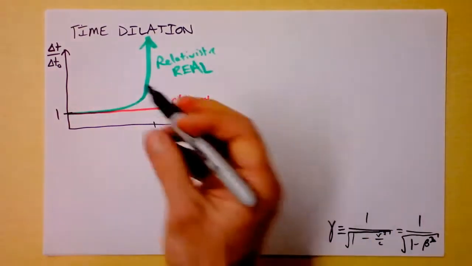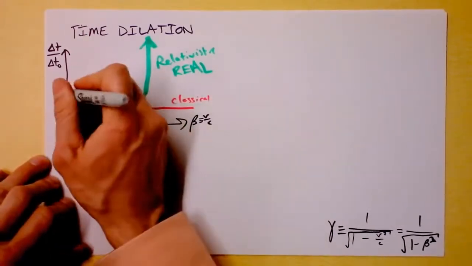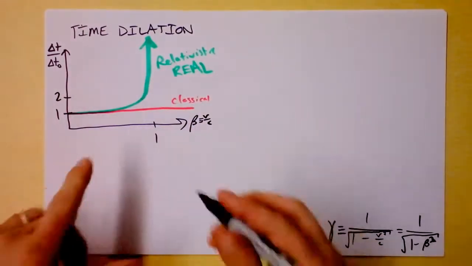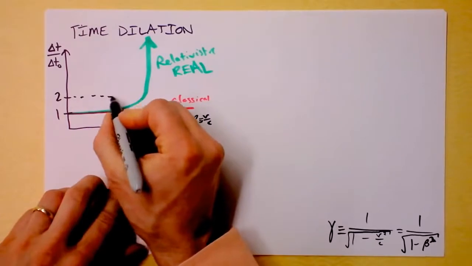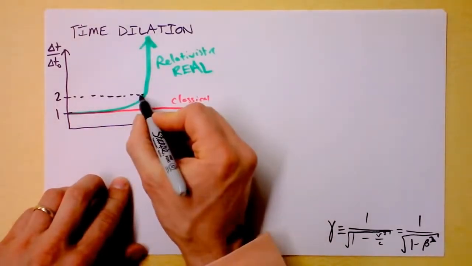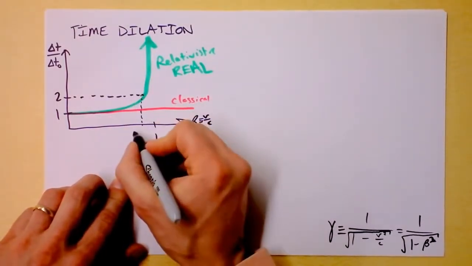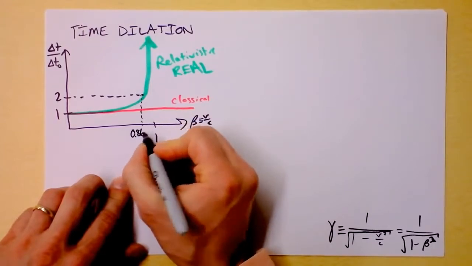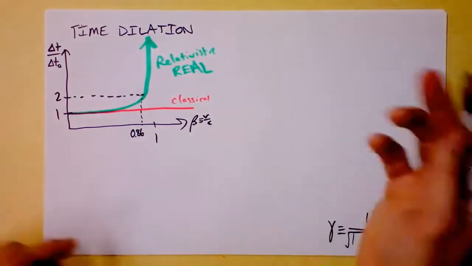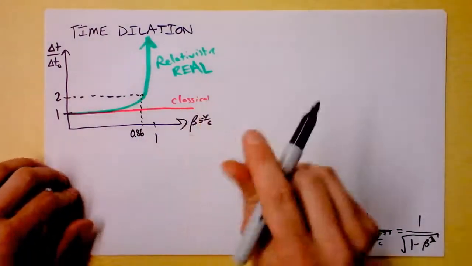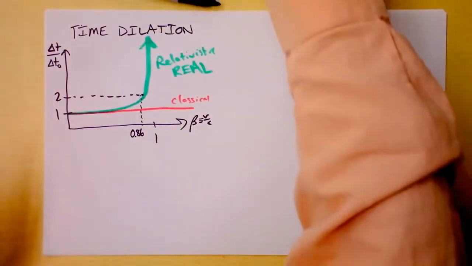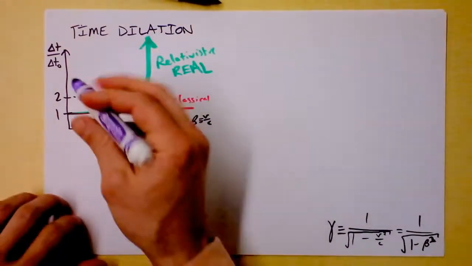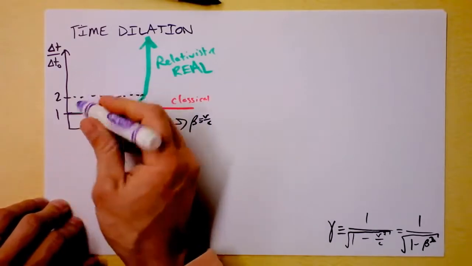So the next thing that we can do is mark some interesting points. I always think it's interesting to find out when time doubles, and I'll put a dotted line over here and say that time doubles at, let's go down here, this is supposed to be 86% the speed of light. All right, and then we could also find out where time goes up, now this is going to be hard to see, so I'll do it in purple, by 1%.